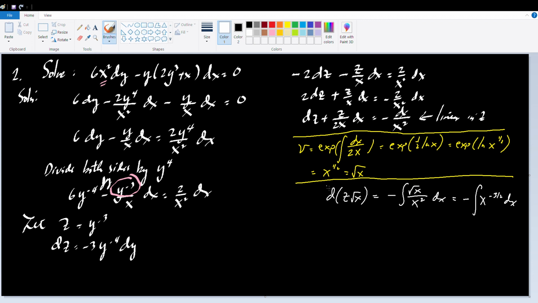So we integrate, that will be z square root of x equal to negative, the integral of x to the negative 3/2 is x to the negative 1/2 over negative 1/2 plus c. So what happens here becomes z square root of x equal to positive 2 over square root of x plus c.